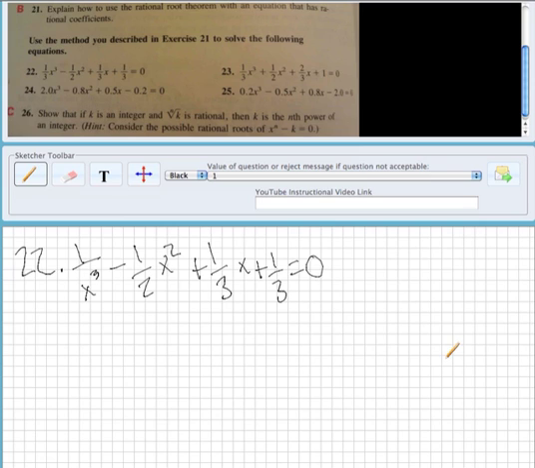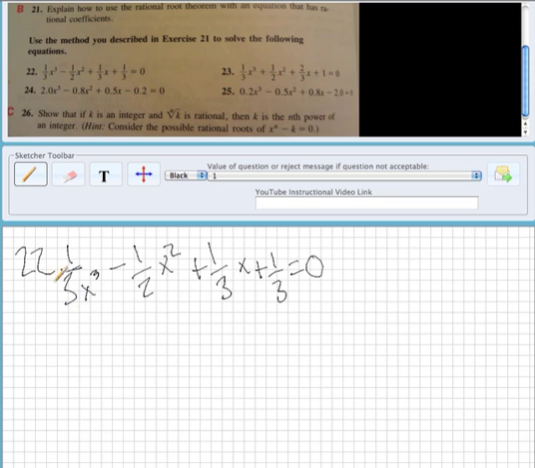So in this problem we're trying to solve this by explaining the rational root theorem with an equation that has rational coefficients. So from here, I'm sorry, that's not it, it's 3, 1 over 3 x cubed.